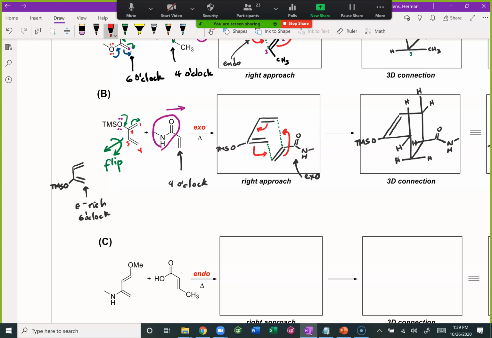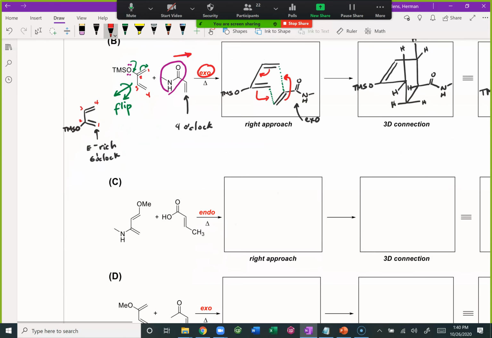And so now carbon 1 will be here, 2, 3, and 4. You see that? It's a 180 degree flip vertically. And that helps me to find my electron-rich carbon. For the exo and on the dienophile, the problem is telling me it's exo, so I'm forced to put that amino group on the right side. So that's why I say, okay, this group has to go to the right.